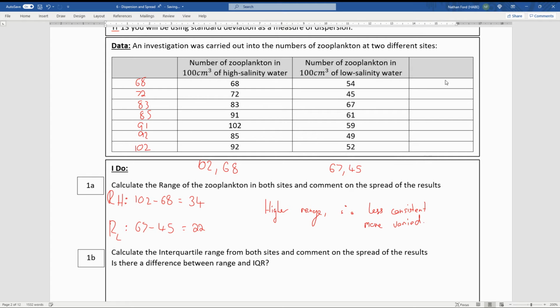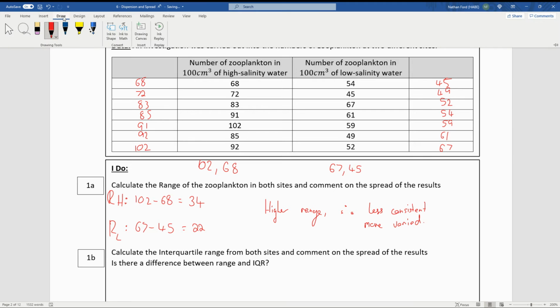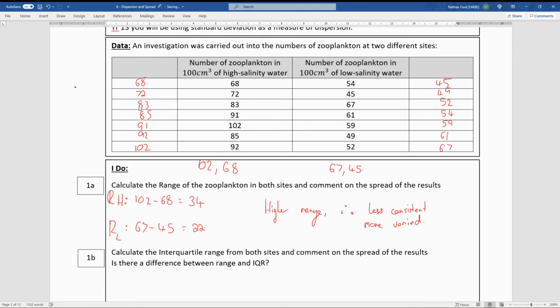I'll do the same for this one over here while I'm at it. What we can do here is what we used to do for the median. You can cross off as you go. So we cross off this one and this one, this one and this one, this one and this one. So this is the middle result, that is our median.